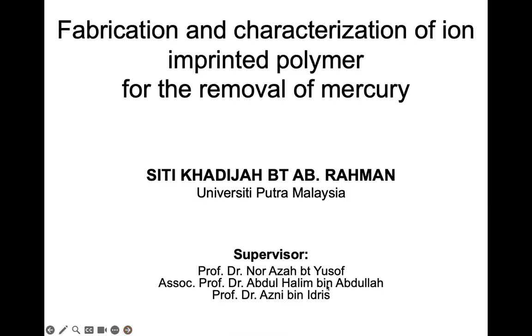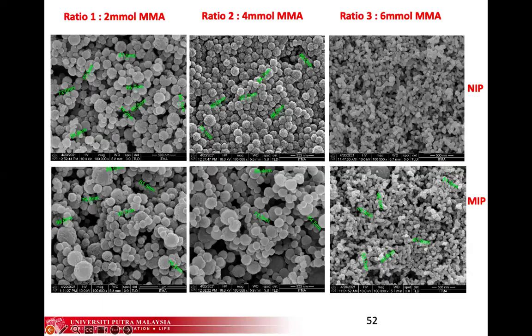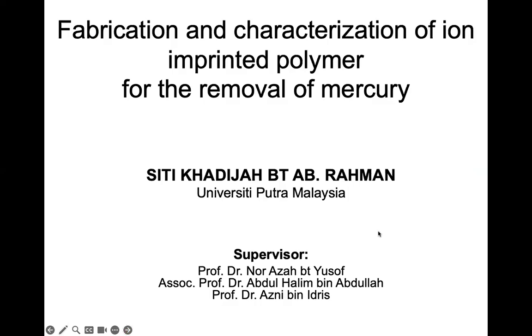So I'm going to show you another type of imprinted polymer, in case we are to remove mercury. Just now we designed an imprinted polymer for penicillin, and the purpose was to build a detection system for penicillin. But this one is basically to remove mercury from water and also from oil and gas waste.